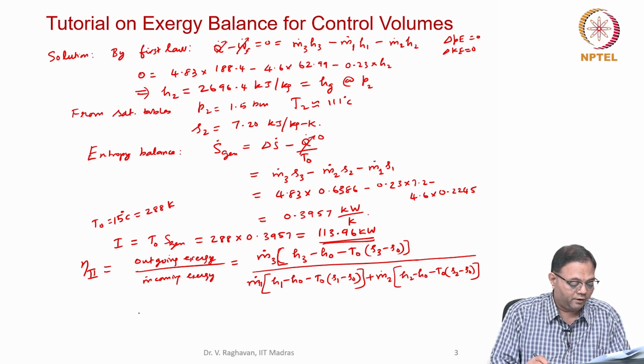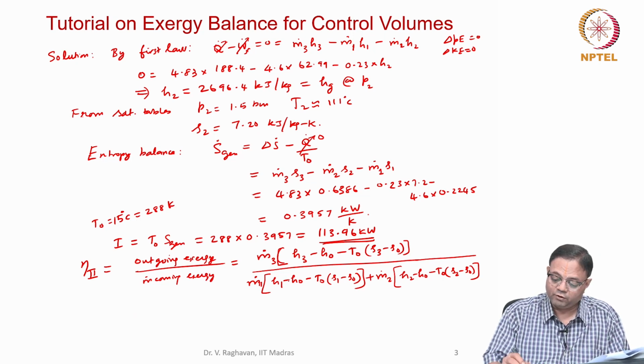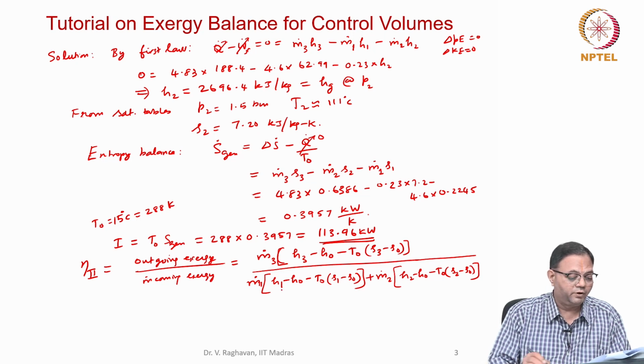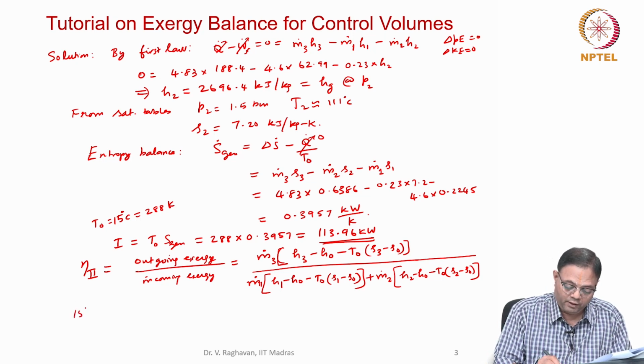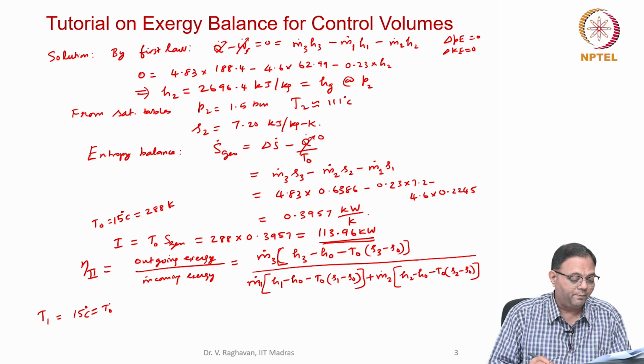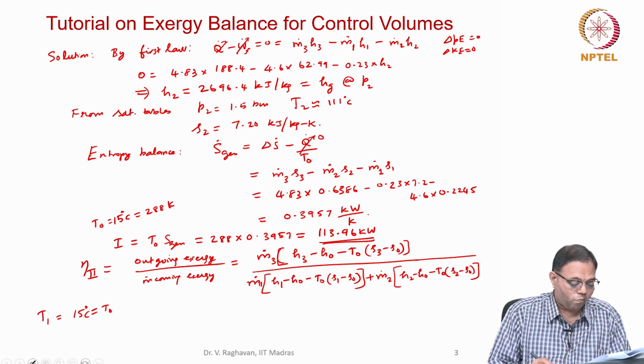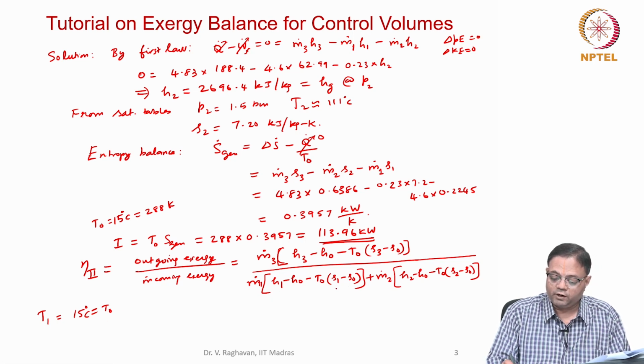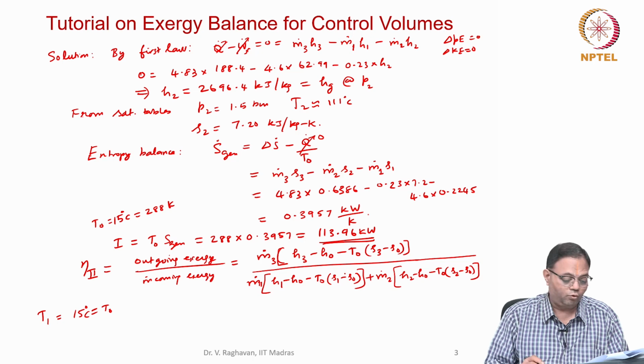So now we can see that state 1 is the same as the ambient state, because the temperature of the incoming steam stream is 15 degrees centigrade, which is also the ambient temperature. So H1, H0, S1, S0 are the same. So this goes out.